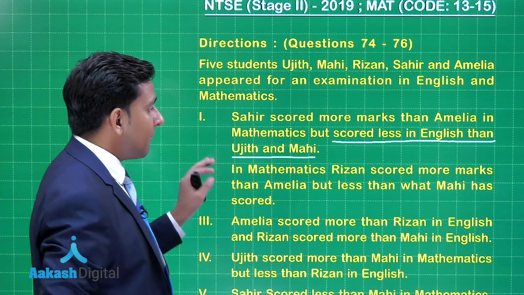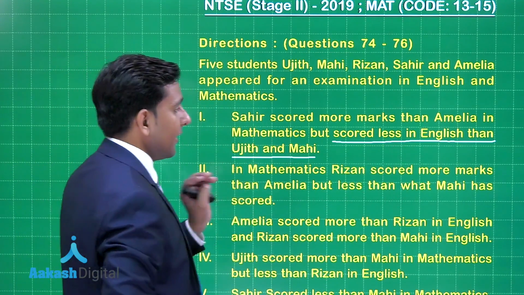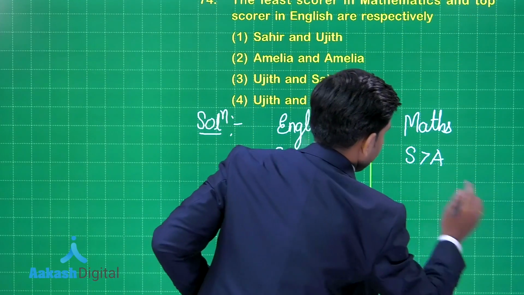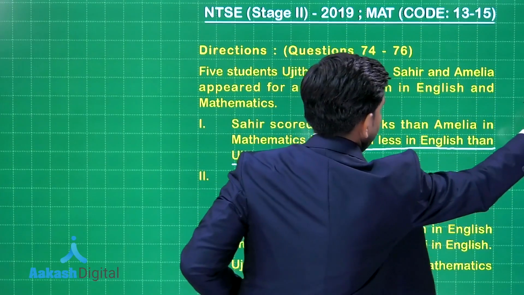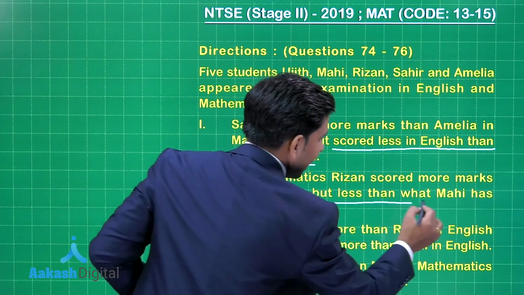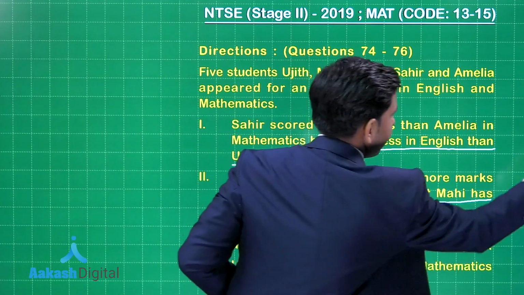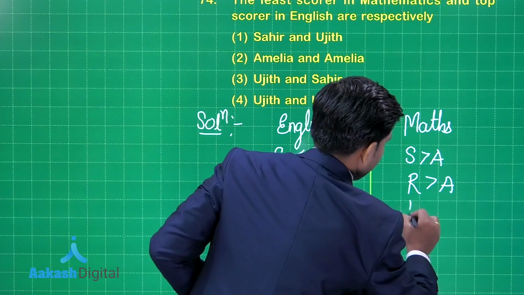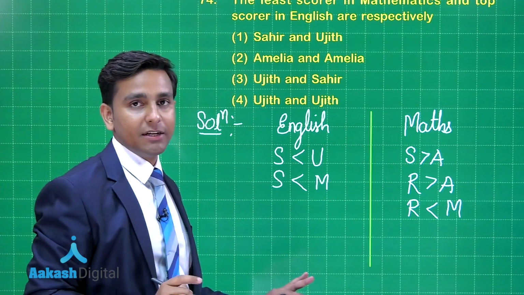Second statement, in mathematics, Rizan scored more marks than Amelia. Clear? Further, we have but less than what Mahi scored. That means we can write R is less than M for mathematics.